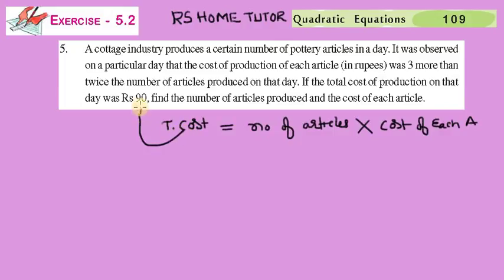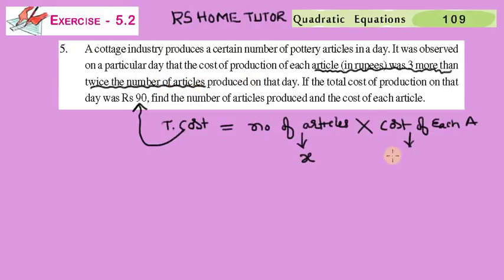In the sum, he has given the total cost as 90 rupees on a particular day, and the number of articles we don't know, we take it as X. Now the cost of each article, he has given a description here: the cost of production of each article in rupees was 3 more than twice the number of articles.